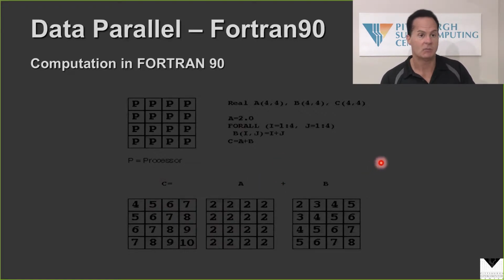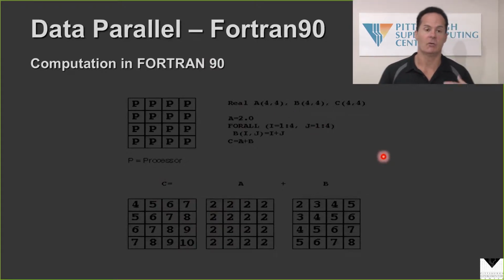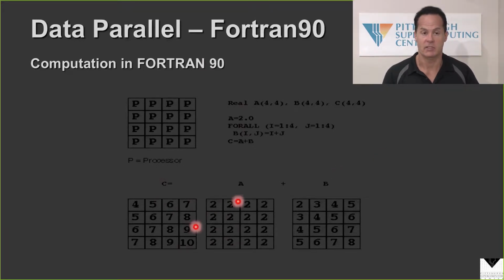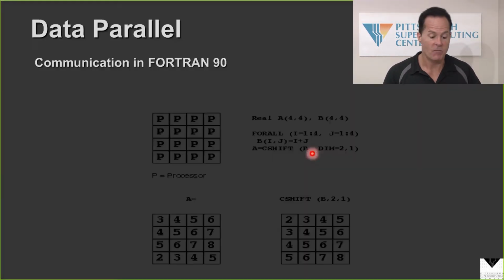And that's not an unreasonable expectation for Fortran 90 code using data parallel type statements. So data parallel is just saying, let's use array operations to express what we're doing, and then the parallelization opportunities are so obvious that the compiler and the runtime system do it automatically. I don't worry about anything. Data movement, that's computation. Communication behind the scenes is also expressed in these array type operations. For example, a shift operation, we take an array and say it's equal to a shift of another array B here.